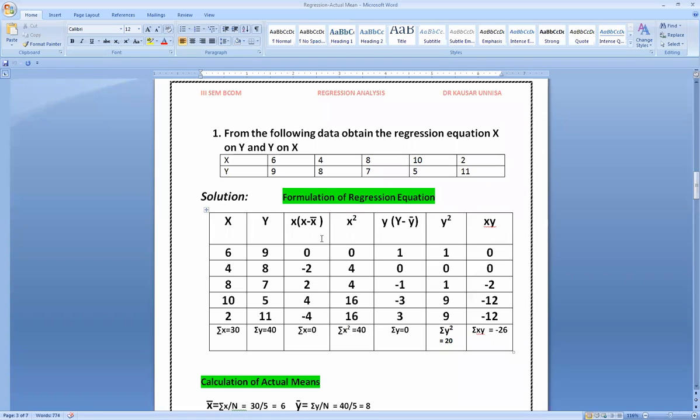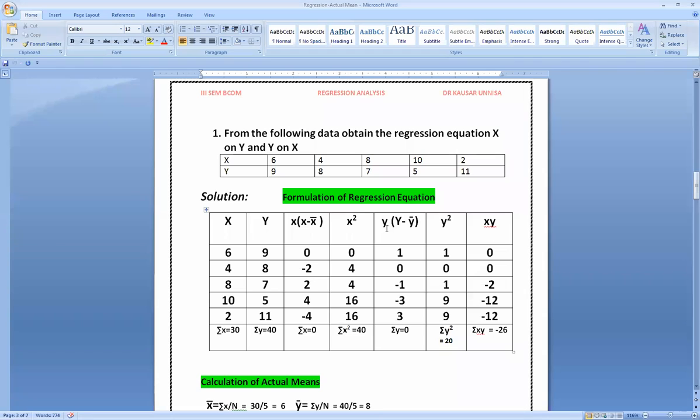Then we go for the deviation of x, because it is an actual mean. This deviation x is nothing but x minus x bar. Since it is done through the actual mean, we take x minus x bar. If you calculate with the help of an assumed mean, deviation x is x minus a. The same thing has to be squared, that will become x square.